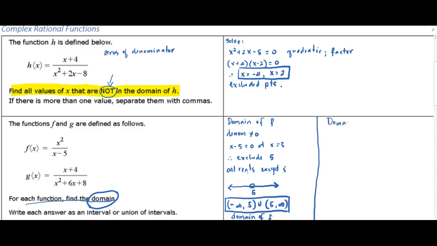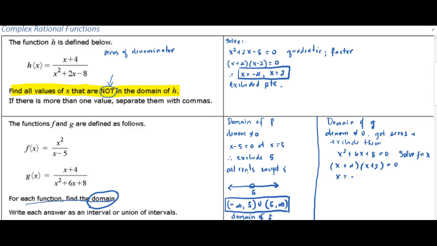Now, to get the domain of g, look at the denominator. It's a quadratic, so we get its zeros by factoring. So x squared plus 6x plus 8 equal to 0 factors into x plus 4 times x plus 2, which means that minus 4 and minus 2 are the zeros, so they're out.